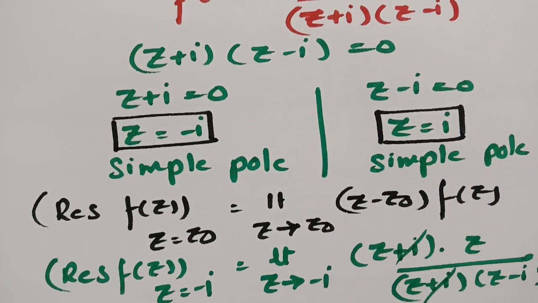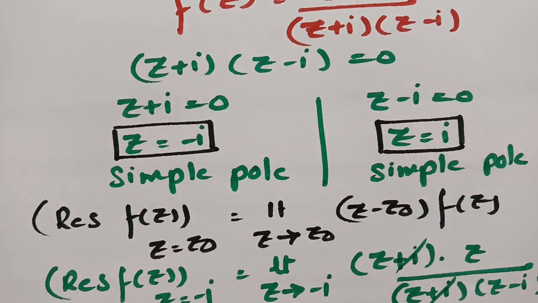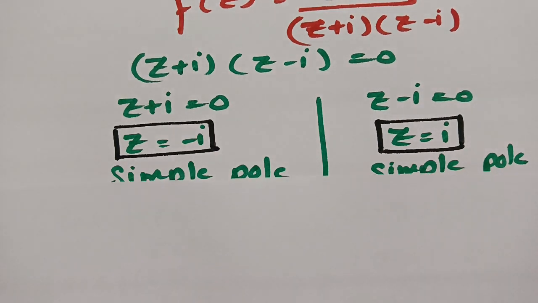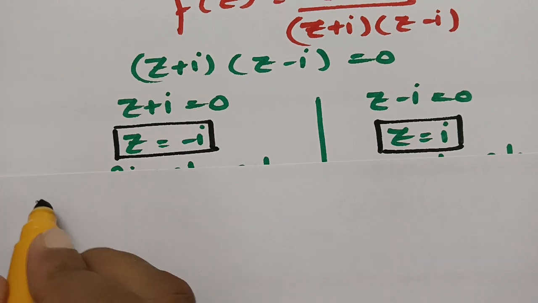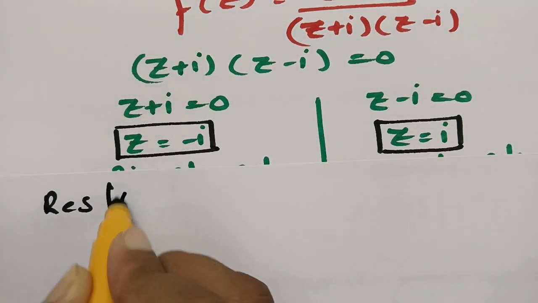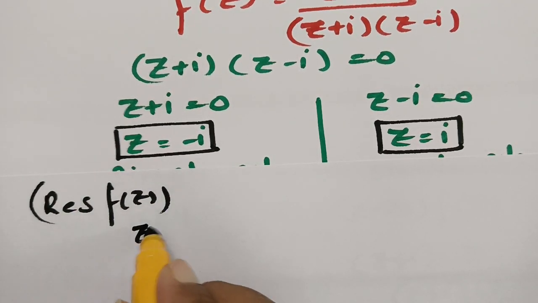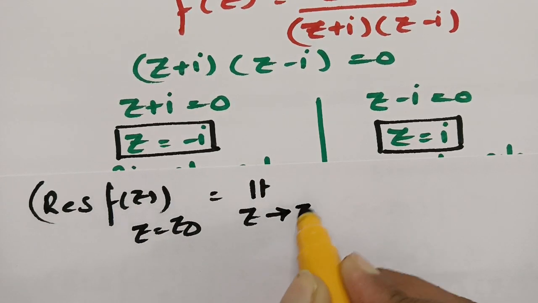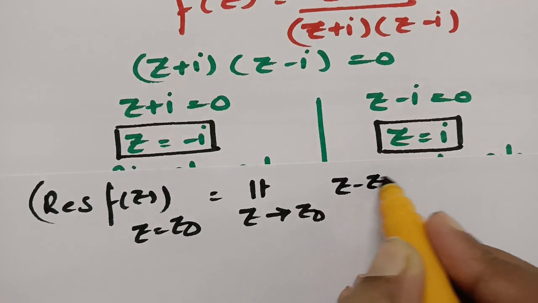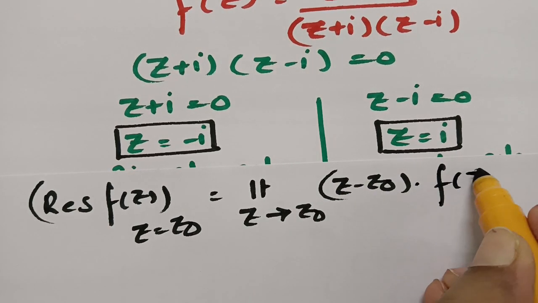And the next one, our pole value is z is equal to i. Here is the formula. For the pole value z is equal to i, the residue of f of z at point z is equal to z naught is the limit z tends to z naught of z minus z naught into f of z.